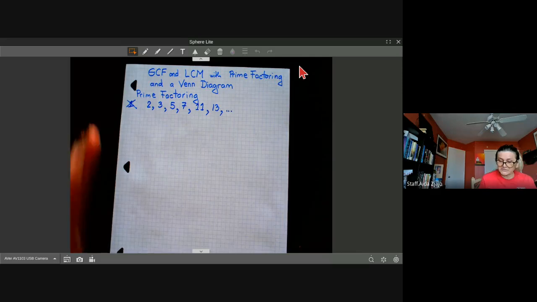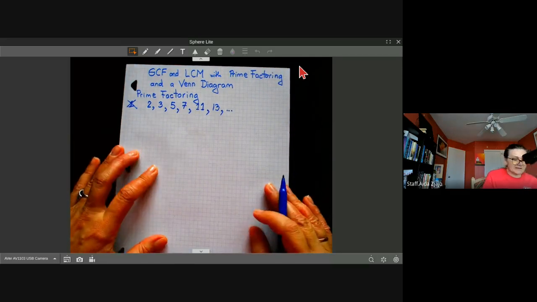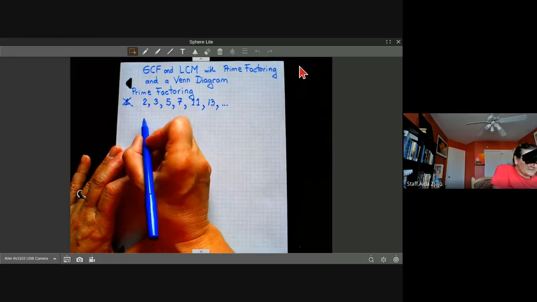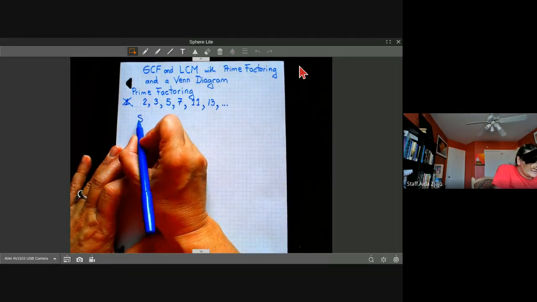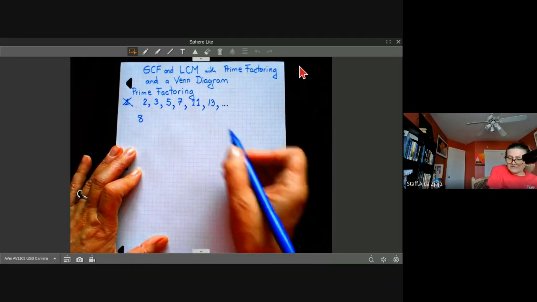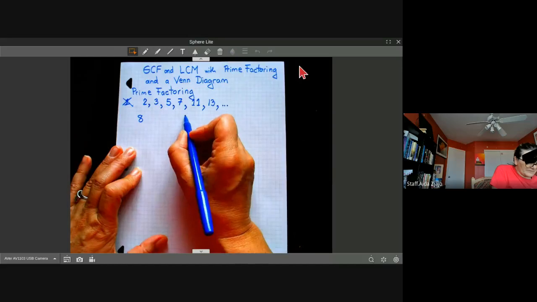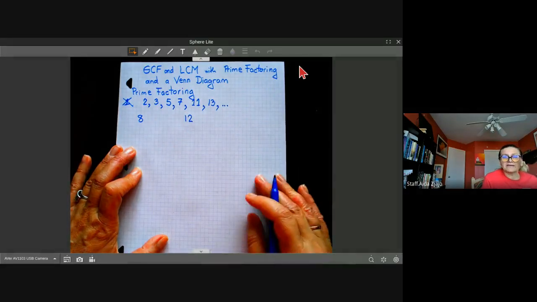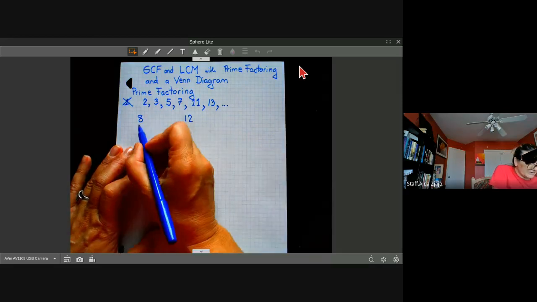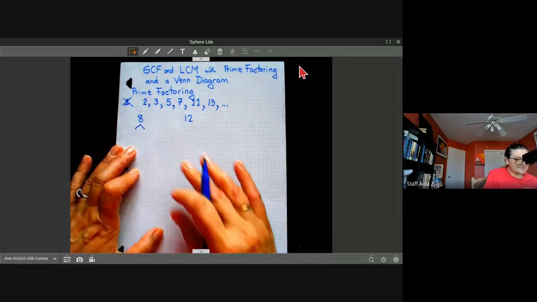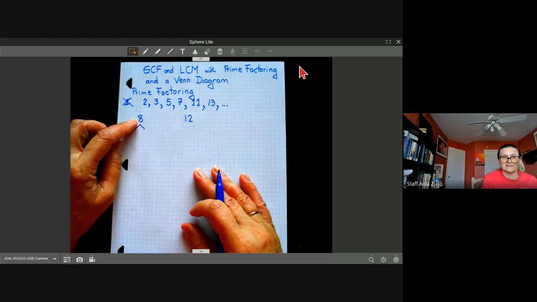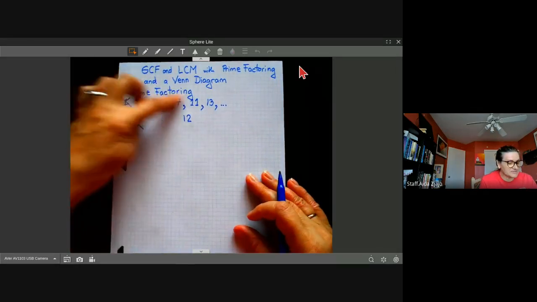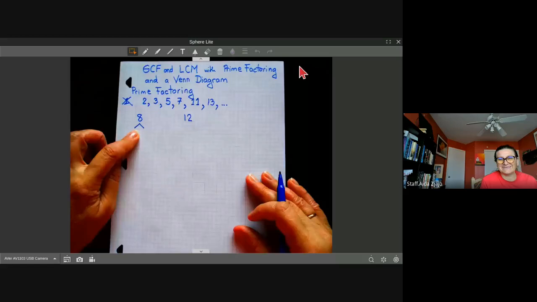So for example, we're going to use simple numbers, like 8 and 12. We're going to use a factoring tree. We can decompose 8 because 8 is composite, correct? I need to know which prime factors will create 8.